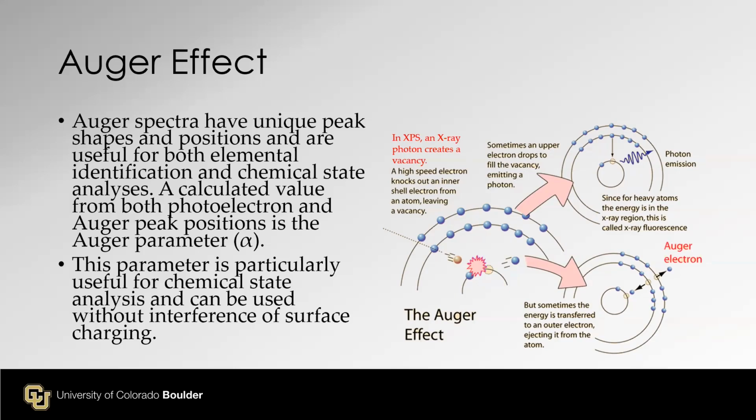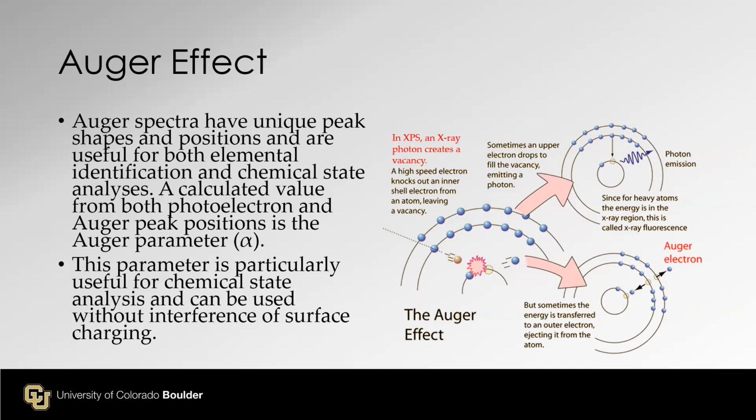First, core electrons are knocked out. In Auger electron spectroscopy, the incident beam is electrons, but in XPS, X-ray photons can knock out core electrons. In the core level, we have a hole, a vacancy there. This is an unstable energy situation, so this atom needs to do something.